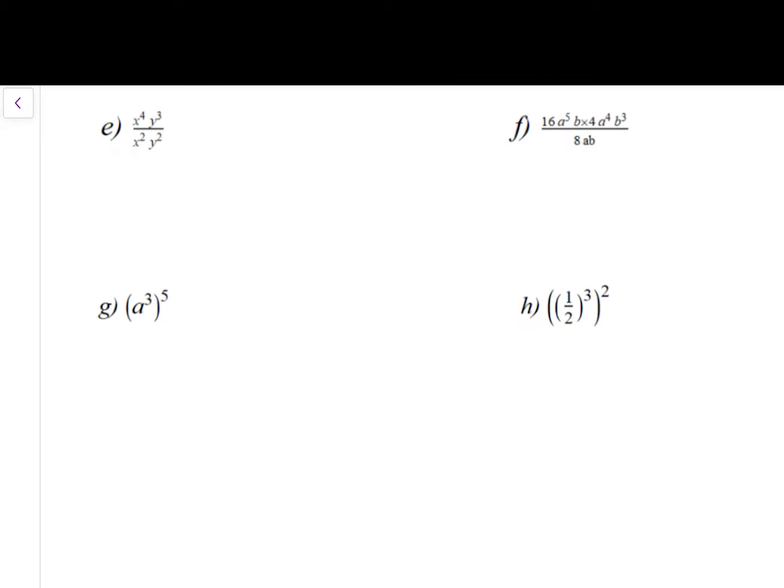Okay, using our second index law, we have a couple of divisions. x to the power of 4 minus 2 and y to the power of 3 minus 2. F, 16a to the power of 5 times b, and all of that multiplied by 4a to the power of 4 b cubed, and then that divided by 8ab.